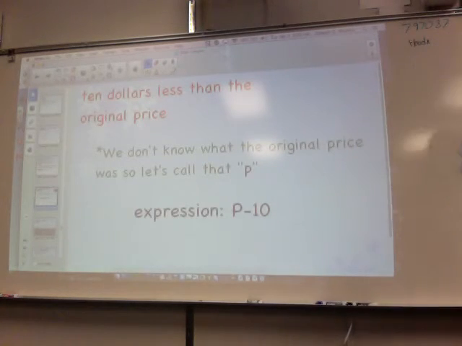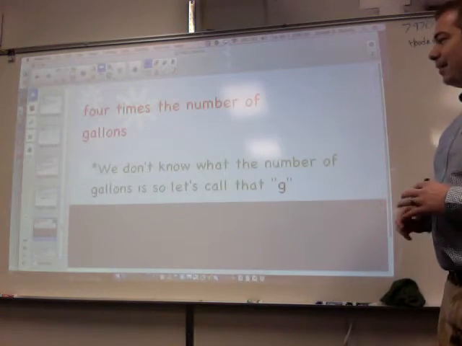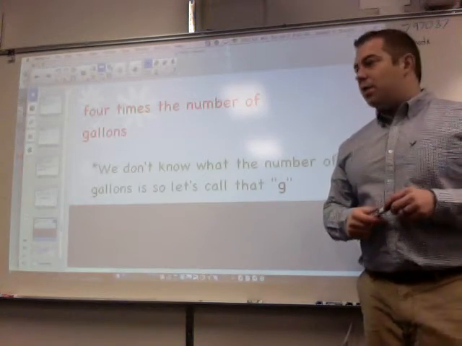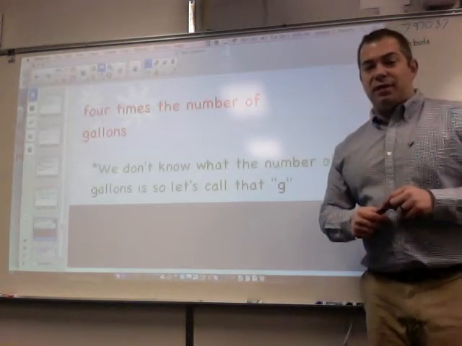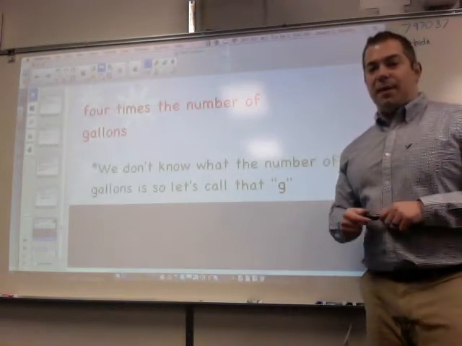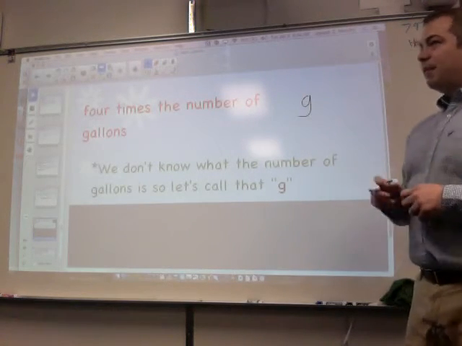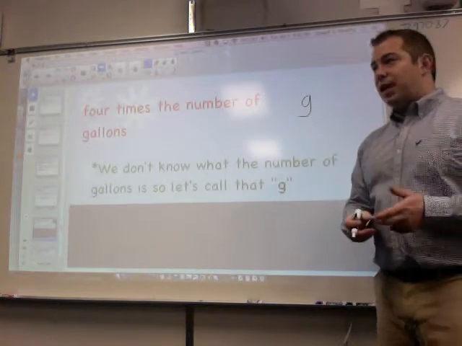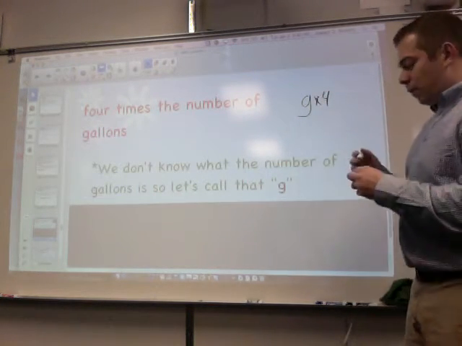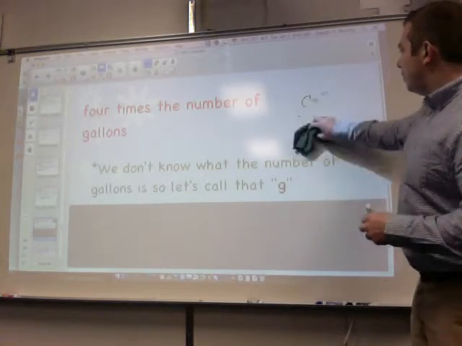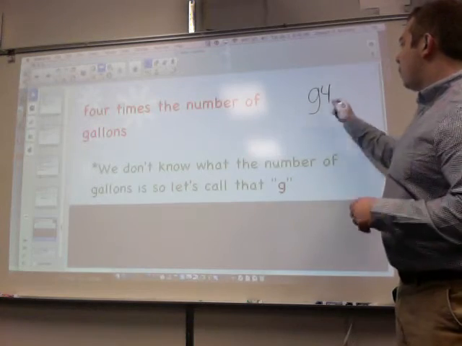All right, next one. 4 times the number of gallons. Okay, we don't know how many gallons we started with, but let's call gallons G. G for gallons. It doesn't have to be a G, but I like it that way. All right, so 4 times. So if I have gallons, it's got to be 4 times. Times sounds like multiplication. So I could do G times 4, but really the best way to put it is G4.